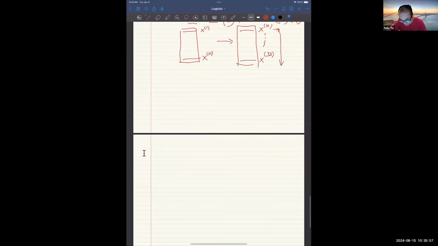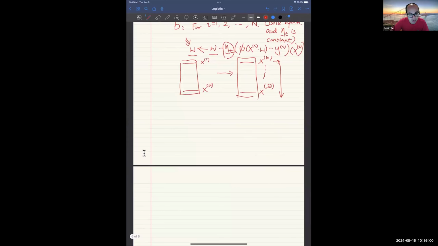In order for this SGD to converge, there is a condition that needs to be satisfied. This is called the Robbins-Monro condition. This condition says my learning rate eta t has to go to 0 as t goes to infinity.